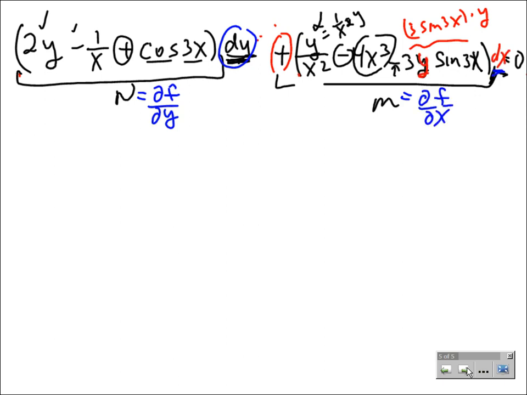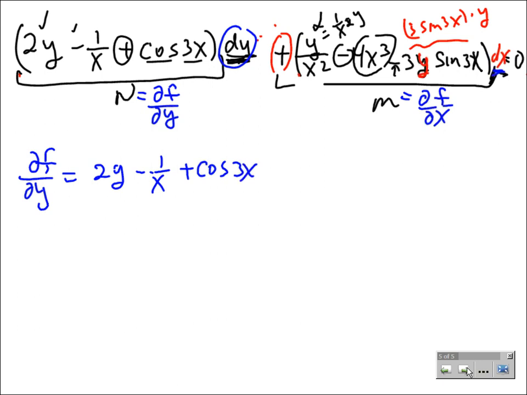Now using those two pieces of information, we can uniquely, well, up to a constant, find f. Now, we know that df/dy is equal to 2y minus 1 over x plus cosine of 3x.